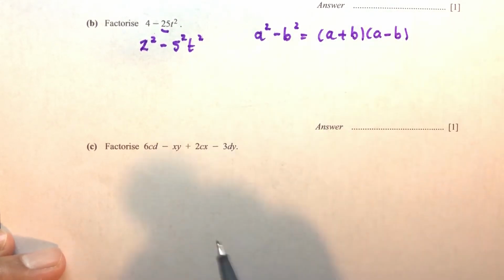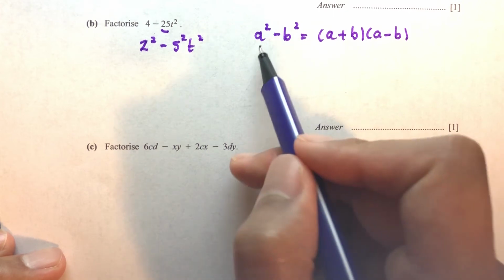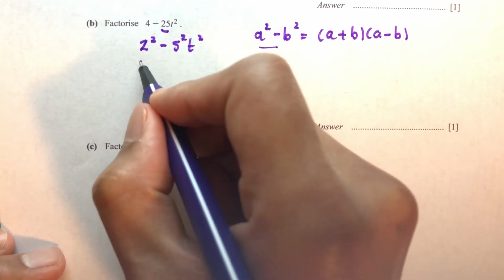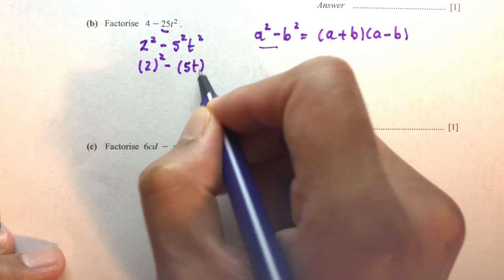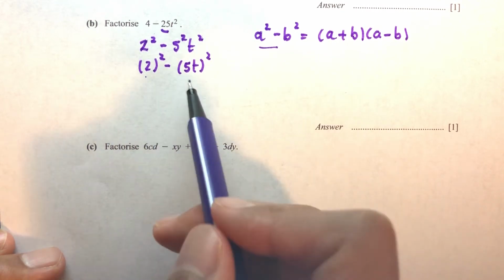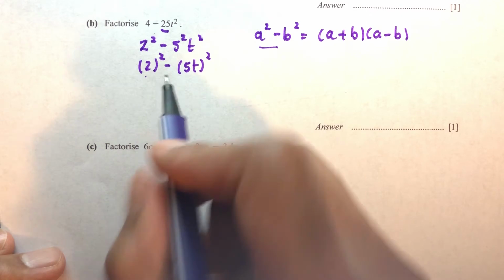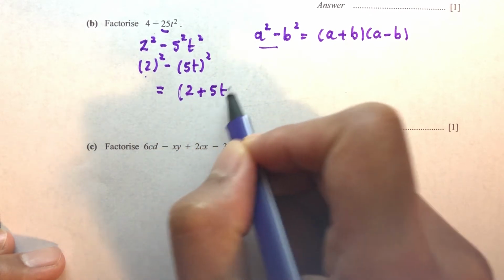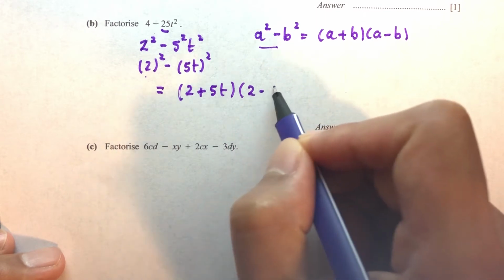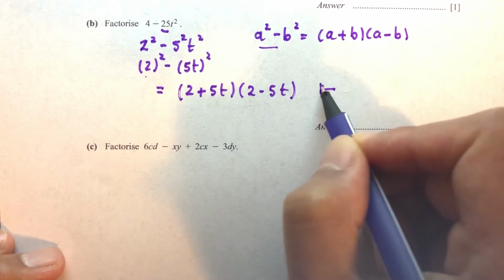So from that theorem, we can use it here. Here we have 2 squared minus 5t squared, so this will be a and this will be b. That will be 2 plus 5t, 2 minus 5t, and that's the answer.